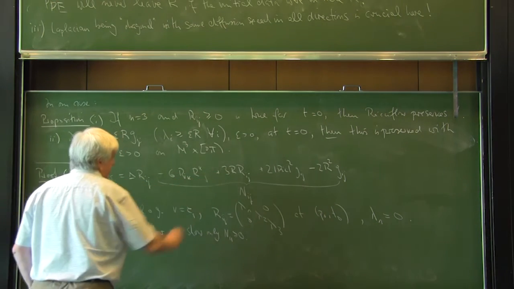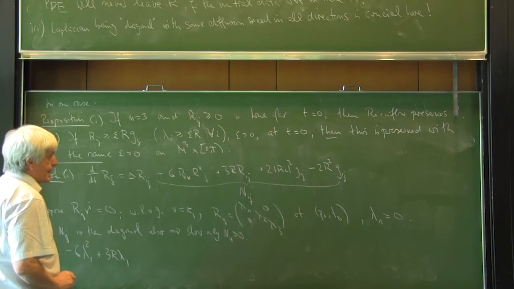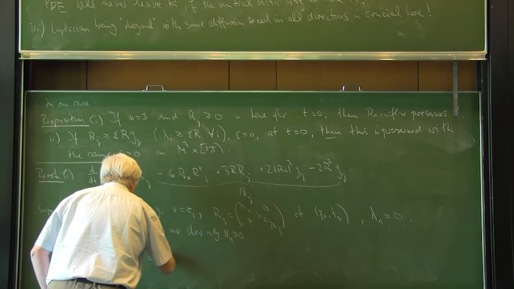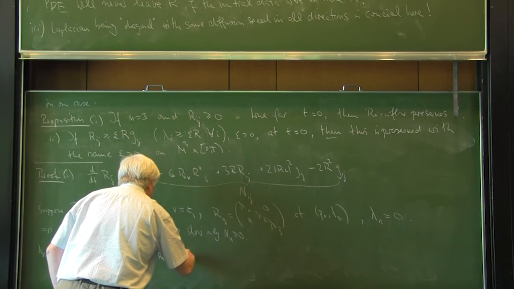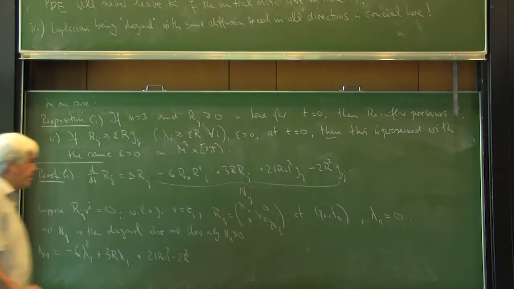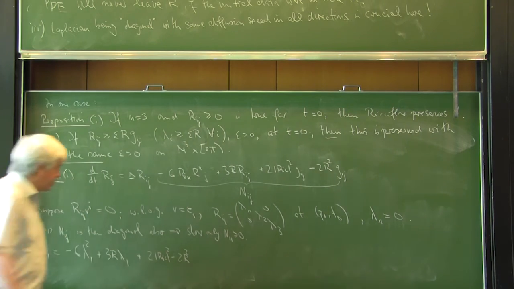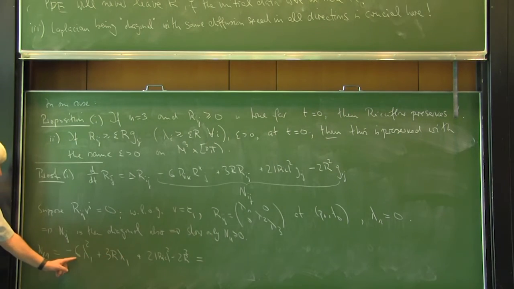And the next term will be plus 3r times lambda 1. And then we have 2 times Ricci squared minus 2 times the scalar curvature squared. And now the first 2 terms are 0 because lambda 1 is 0.